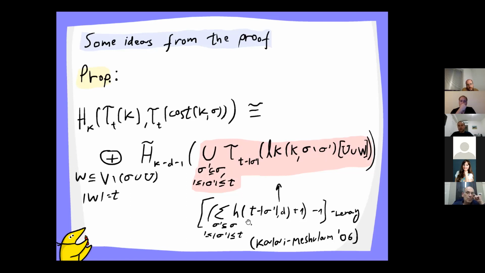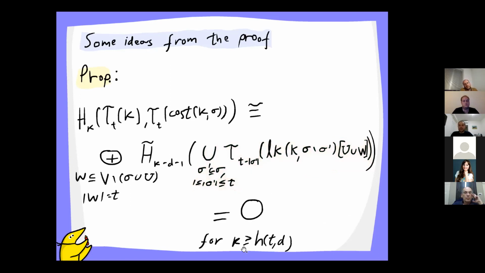If you recall, we defined this number HTD exactly in such a recursive way. So this sum here turns out to be exactly HTD minus D minus 1. Okay, so we have here the k minus D minus 1 dimensional homology groups of an HTD minus D minus 1 Leray complex.